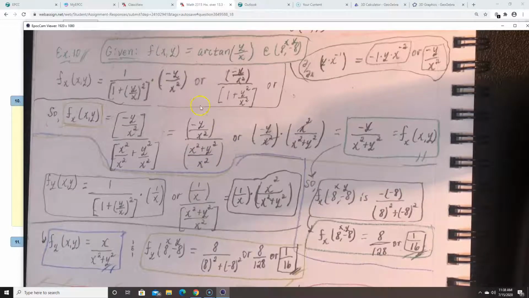So to clean this up, you can write this fraction still, change it from division to multiplication, but multiply by the reciprocal of this, which is x squared over x squared plus y squared. Just reciprocate this. Pause, look at it. Can we do anything with this? Well, these x squareds divide out to 1. So you could say 1 over 1 if you like. And negative y times 1 will be negative y, and 1 times this will just be the same, x squared plus y squared. And there's a fairly reasonably cleaned up partial derivative expression for f.